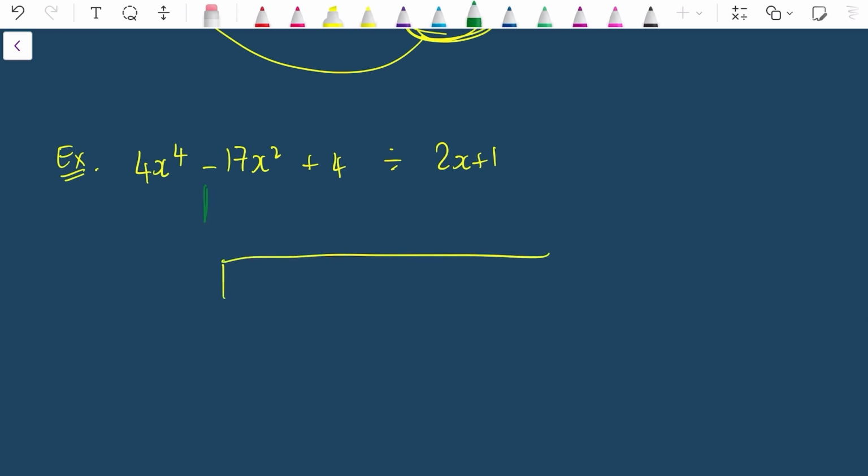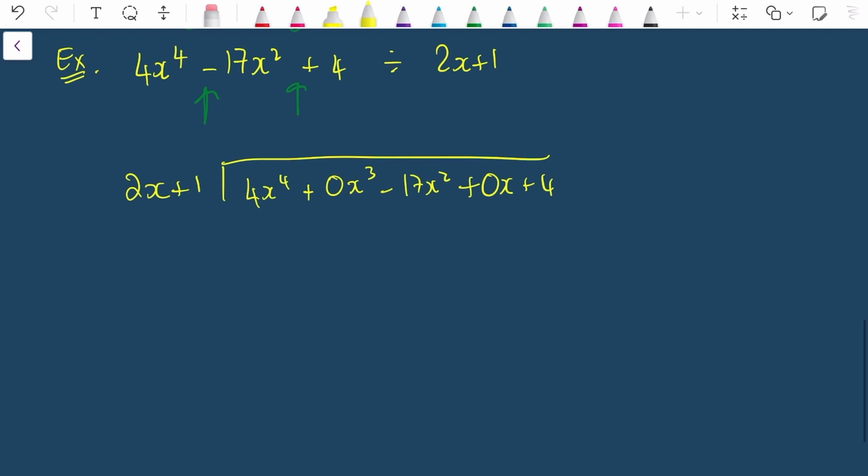Note that I'm missing here x cubed, so I need 0x cubed, and I also need 0x. So I've got 4x to the 4 plus 0x cubed minus 17x squared plus 0x plus 4, and I'm dividing by 2x plus 1. So pause the video, have a go at this yourself, and then compare your answer to mine after.